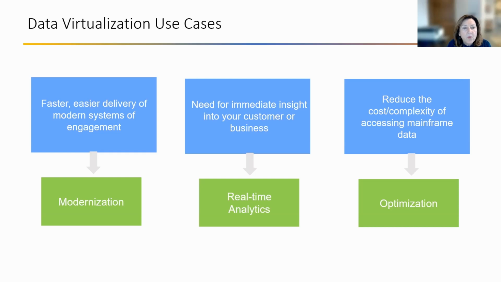There are three primary areas of use case. One is modernization, looking at how you can deliver modern systems of engagement, for example, being able to standardize your APIs across different data access points.